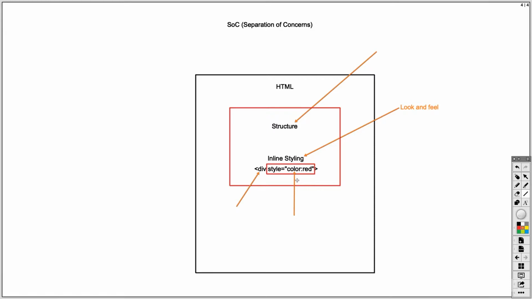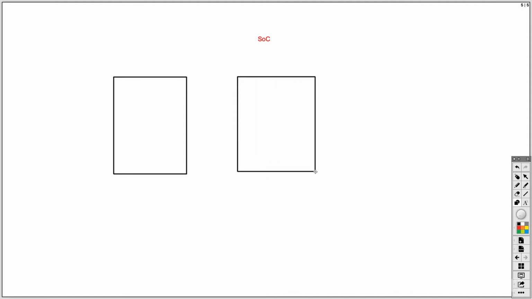So in order to separate those concerns in an attempt to make maintenance of our pages easier, what we have done for our separation of concerns, so let's put that back up here, separation of concern, is in web development, we took the structure, which was HTML, and then we took styling, which is CSS, and we took that out into its own file.